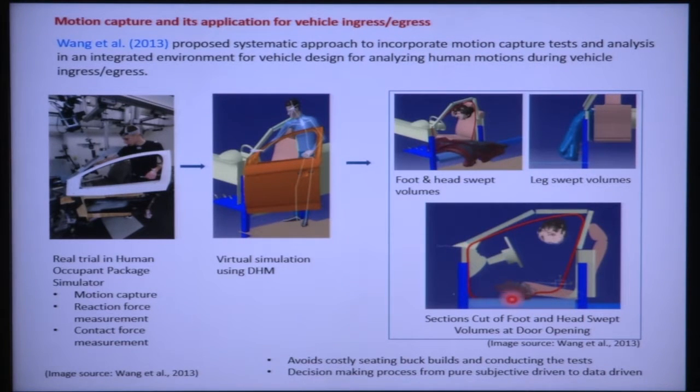The data captured from the motion analysis system has been transferred to CATIA, this digital human modeling software, and from it we can evaluate the optimal size for the door opening, based on the foot swept, leg swept and head swept volume. So, in this way, without a real human trial, we can use digital human modeling software, and based on its analysis, we can design the door opening, or define what should be the optimal door opening.